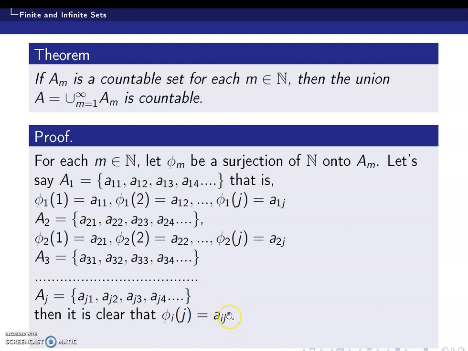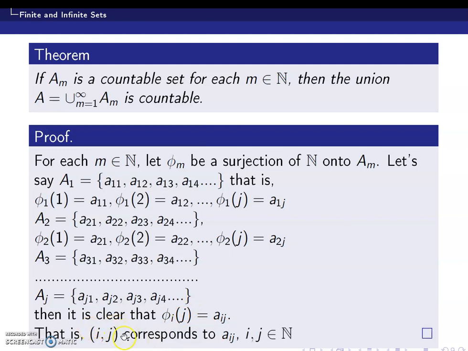Corresponding to a_ij, there are two suffixes, two indexes i, j, both trivially natural numbers. So corresponding to any element in capital A, there exist two natural numbers i, j, associated with which there exists a function phi_i, and the image of phi_i at j is a_ij.